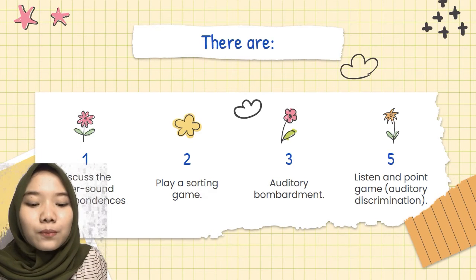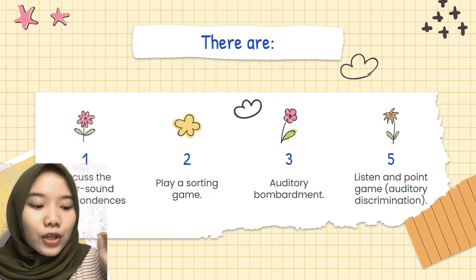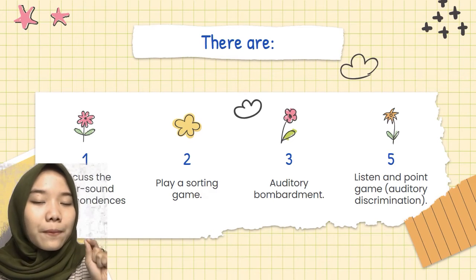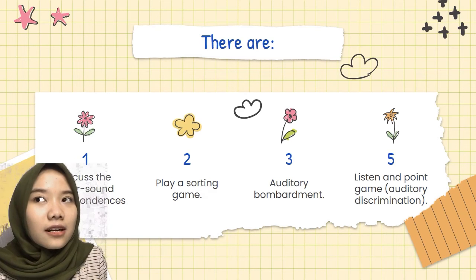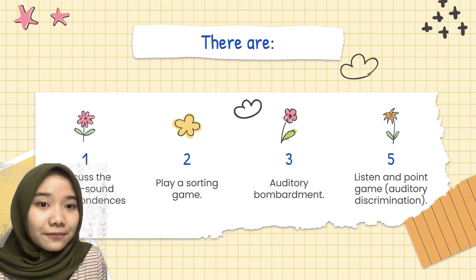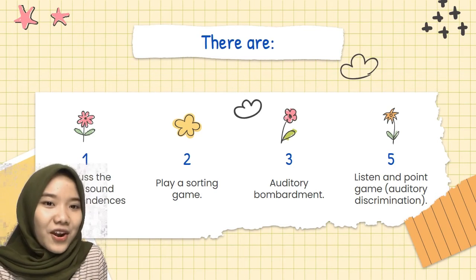The child must point to the word you produce. To make this activity a little harder, use the word in a carrier phrase, like I see a blank, I like the blank, etc.